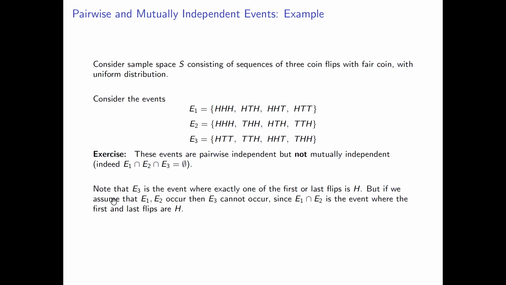So knowing information from both E1 and E2 influences what can happen relative to E3, even though just knowing E1 or E2 individually does not influence E3. So it's possible that if you know more than one event together at the same time, that can influence a third event, even though individually the 2 distinct events don't necessarily influence the third. This is what's going on. It's a little subtle, and it takes a little bit of time to get used to, but it's good to see an example like this, and hopefully that clarifies it.